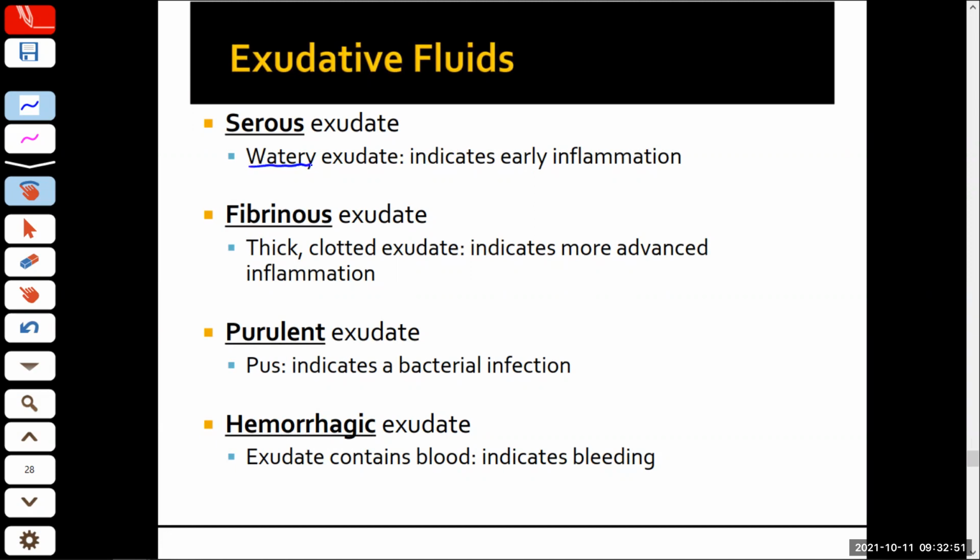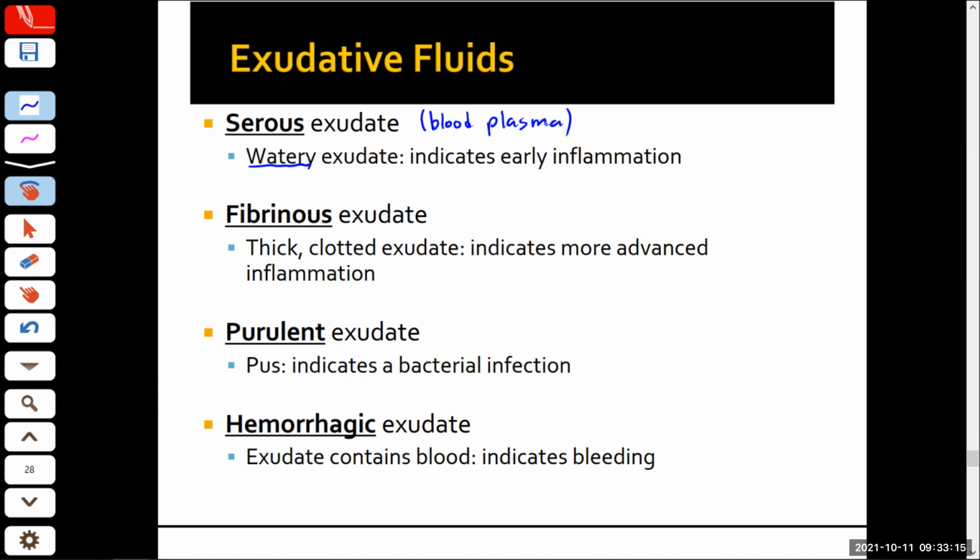Anybody have any tattoos? When you first get a tattoo, or when you first get a cut, within the first maybe hour, it's kind of shiny. That's serous exudate. That's basically water coming out because it's primarily blood plasma. The main component of blood plasma is water. That's why it's shiny.